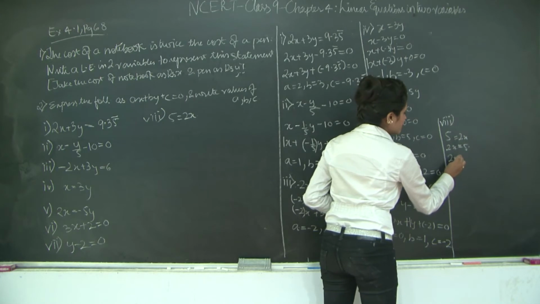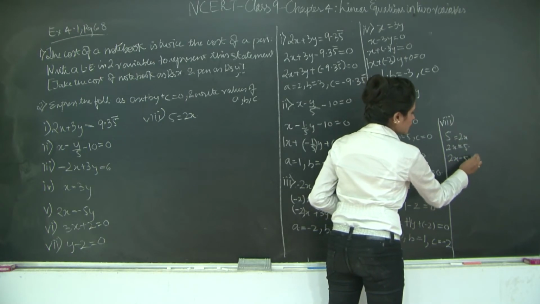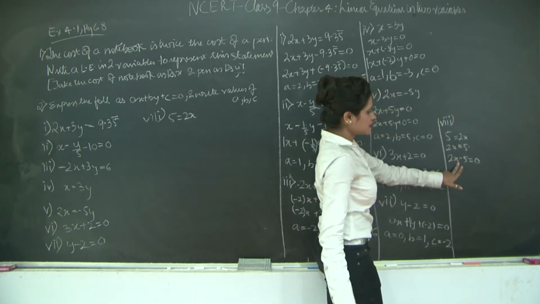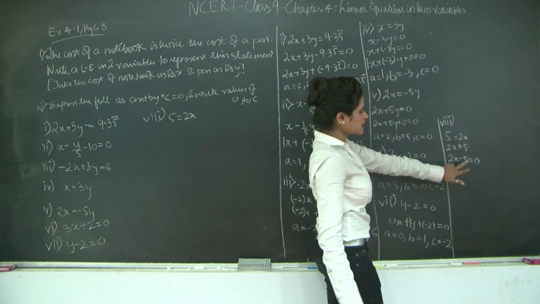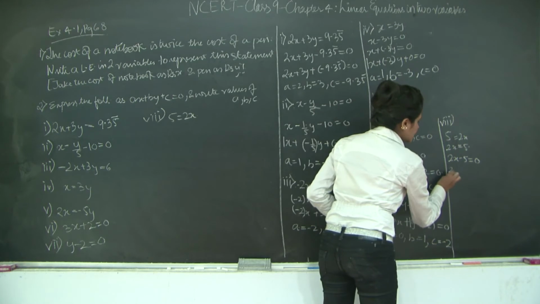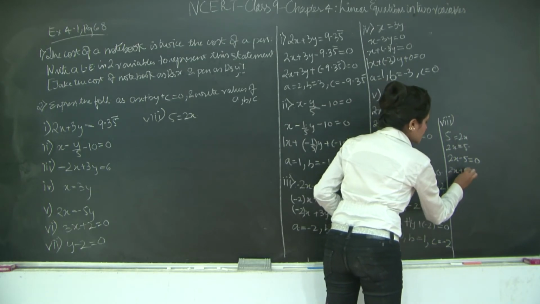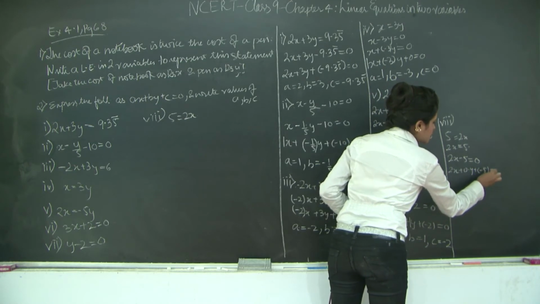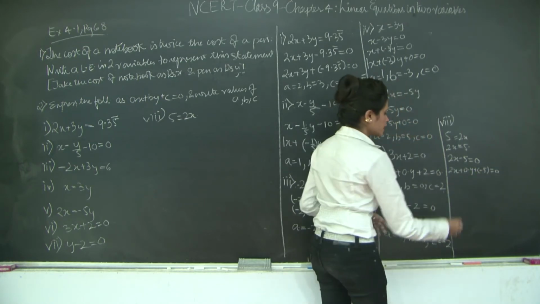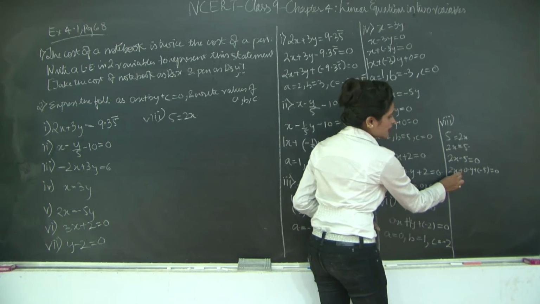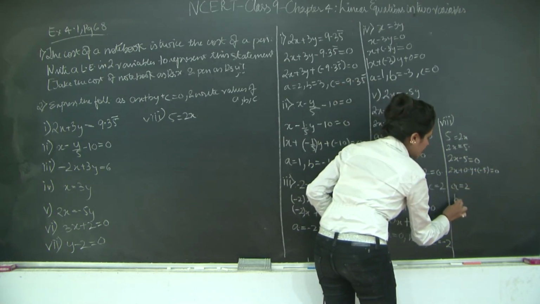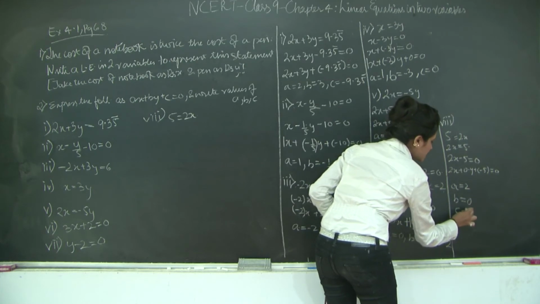Now I'll bring my 5 to the left hand side, so this becomes 2x minus 5 is equal to 0, isn't it? So I have the coefficient for x, but y is missing. So I'll just rewrite this as 2x plus 0 into y plus of minus 5 is equal to 0, correct? Therefore, comparing this with ax plus by plus c, I get a as 2, b as 0 and c as minus 5.